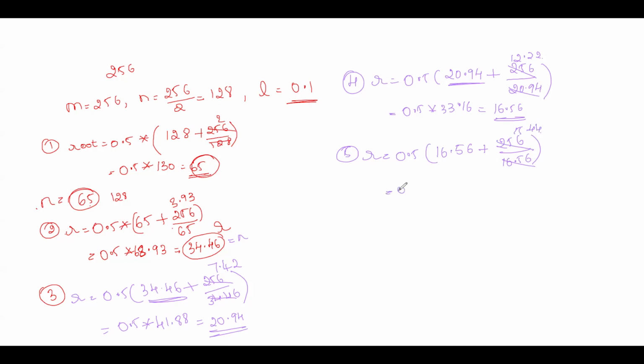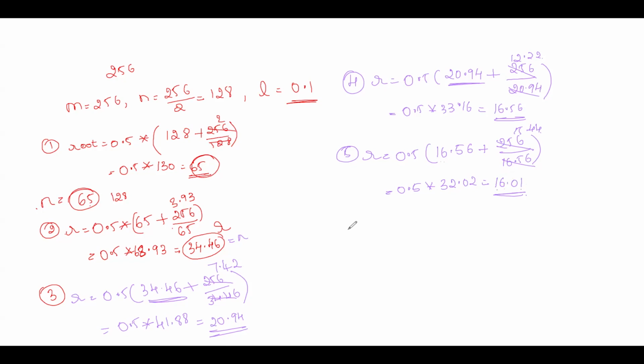When you add it, you will get 0.5 into 32.02, which is 16.01. But still, if you subtract 16.01 from 16.56, the difference is more than 0.1, which is our tolerance level.